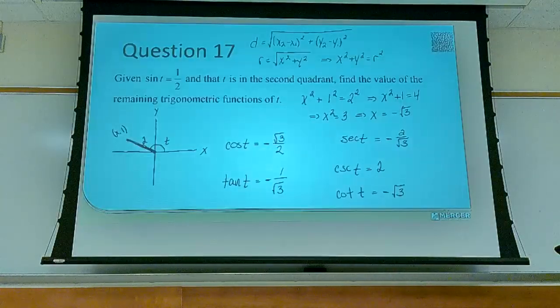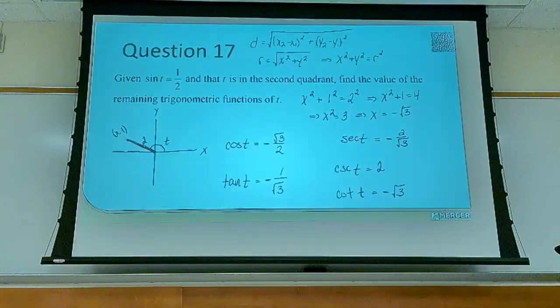So basically, the problem says, given sine t equals 1/2. Sine t is 1/2. Sine is y over r: the y coordinate over the length of the segment, or radius of the circle.